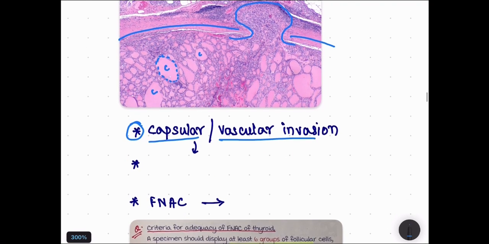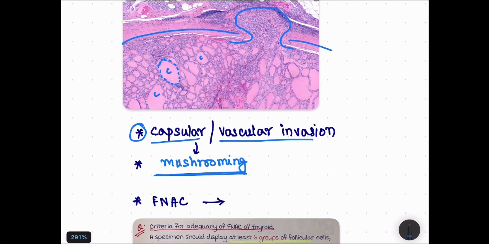That is a very important feature of follicular thyroid carcinoma, and this is why it has a worse prognosis than papillary thyroid carcinoma. Understood? This is important. So there will be capsular invasion or vascular invasion, and that is leading to mushrooming of the cells outside the capsule.